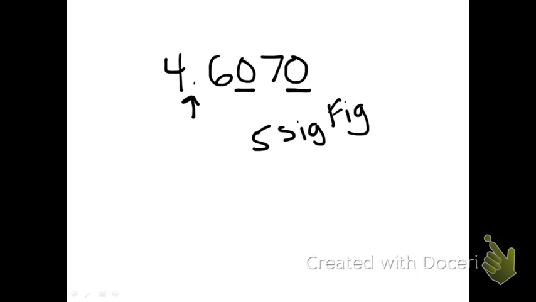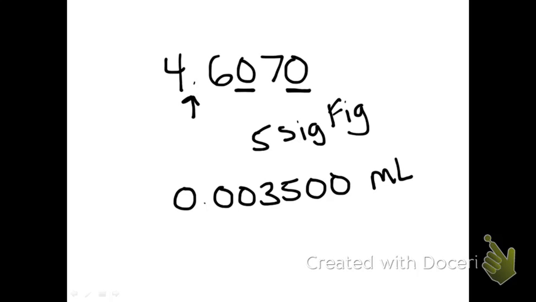Alright, let's look at another one. What if I have 0.0035000 milliliters? Right? Go ahead and take some time and figure out how many significant figures there are in this measurement.